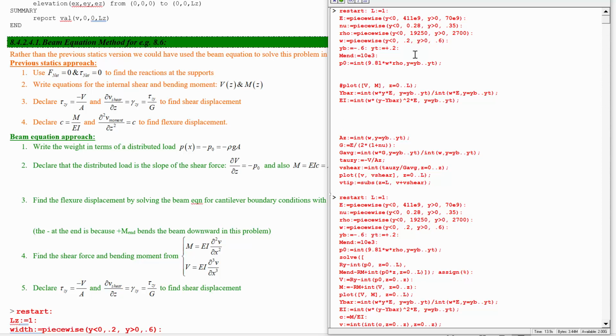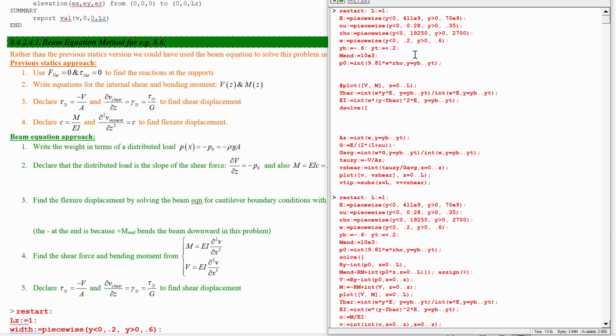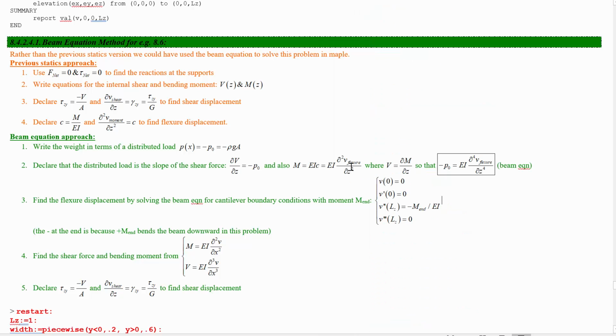We've got y bar and EI, and then we're going to say dsolve the fact that negative P naught is equal to, from the beam equation, EI times the fourth derivative of V flexure with respect to Z itself.